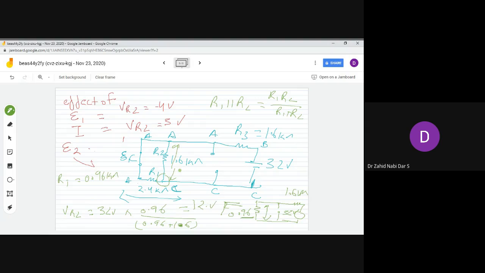Now you have the effect of I, and you have E2 also, 12 volts. Now the superposition will state the value of VR2.